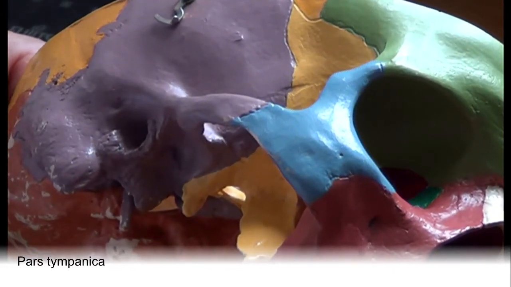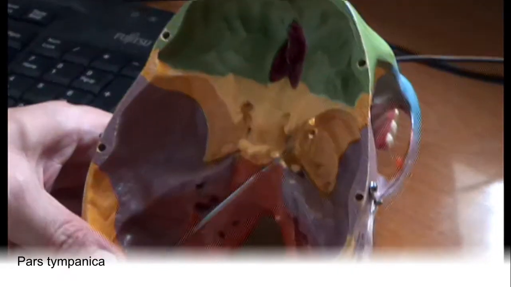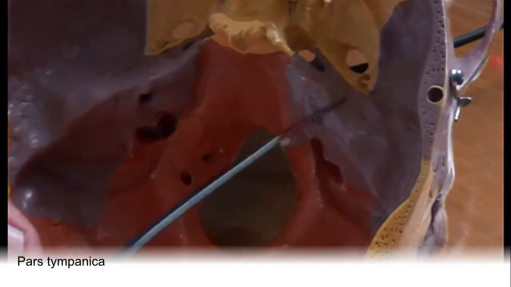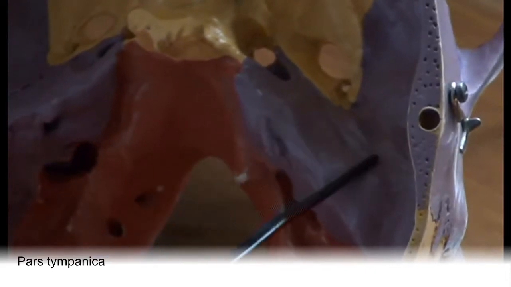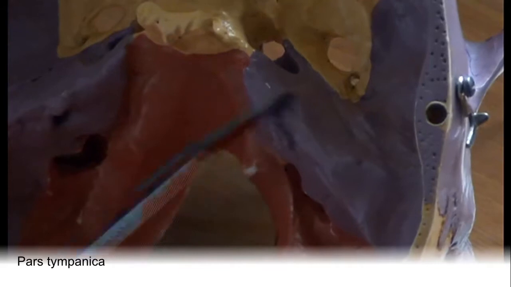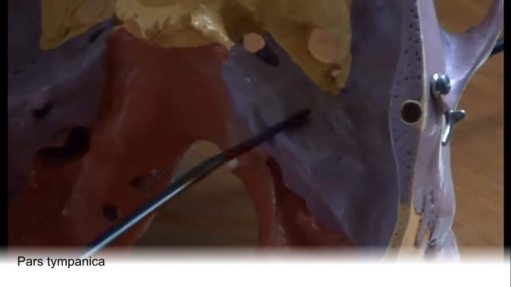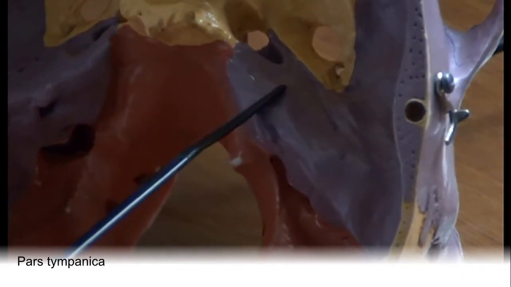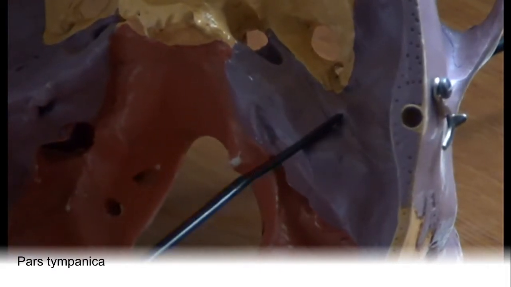And third part is inside of the skull. Here it is. It's very hard part of the bone, so hard as stone. Stone in Latin means Petrus.